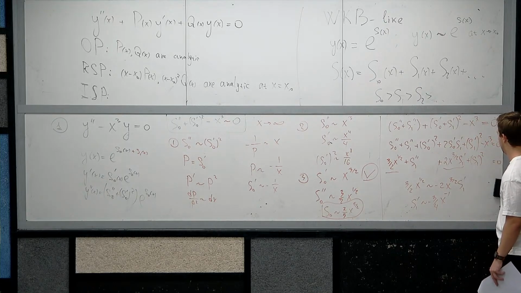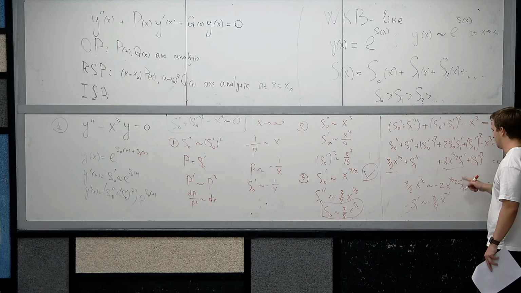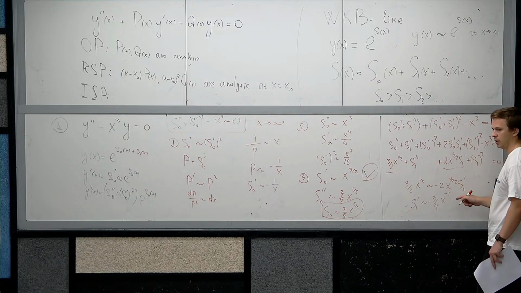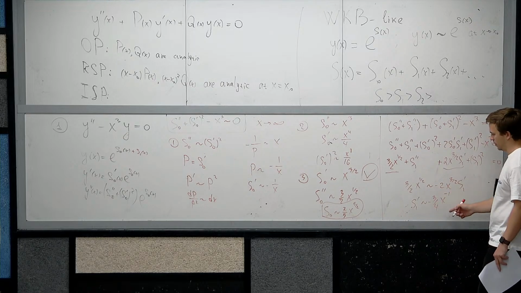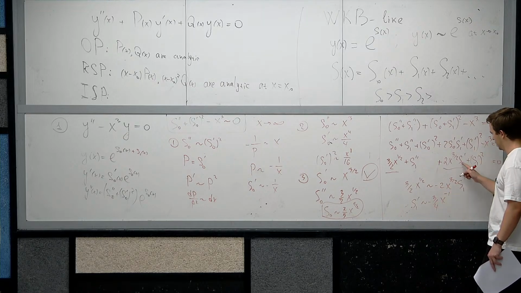Okay, then let's decide whether this assumption was a good one or not. So for the square term, it goes like 1/x squared, and so decays much faster than this one.